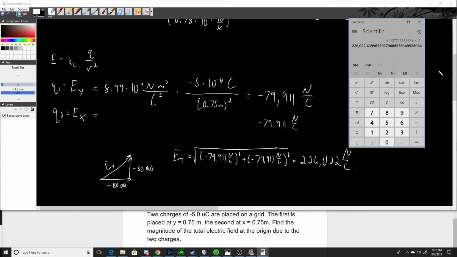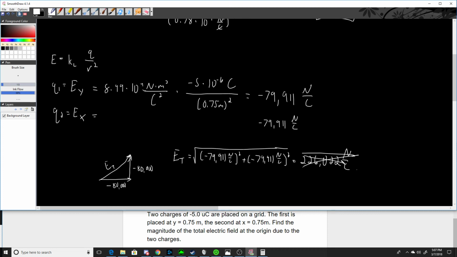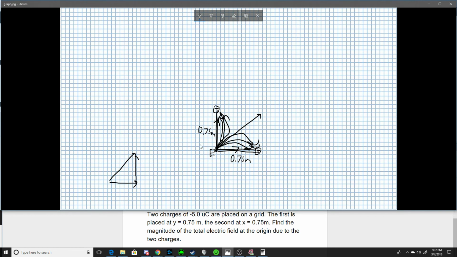All right, this sounds much better. Now the answer I'm getting using a good calculator, not saying that the one built into Windows is bad, but it's not the easiest to use, is 113,011. Really 113,000 is probably close enough, and that's newtons per coulomb. So that's the total electric field strength we find at this point right here.